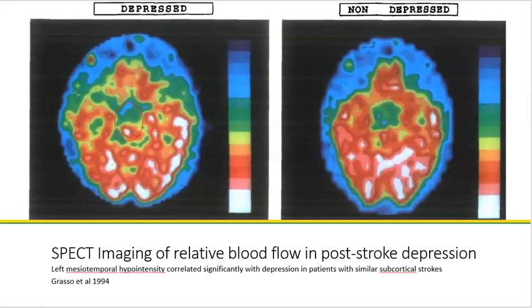And again, we see less activity or less blood flow in this area that's circled in red here that I'm going to show you with my mouse, compared to the non-depressed patient. So there is some red, a little bit of white, which is the extreme, but you do see less compared, and this is after a stroke. So again, we're looking at that comorbidity with depressed and non-depressed patients.